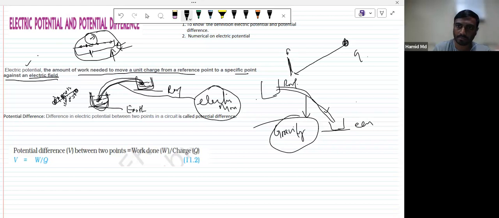Suppose this is P. In bringing this charge from point R to P, you have to apply some work against the electric field. And that is called electric potential.